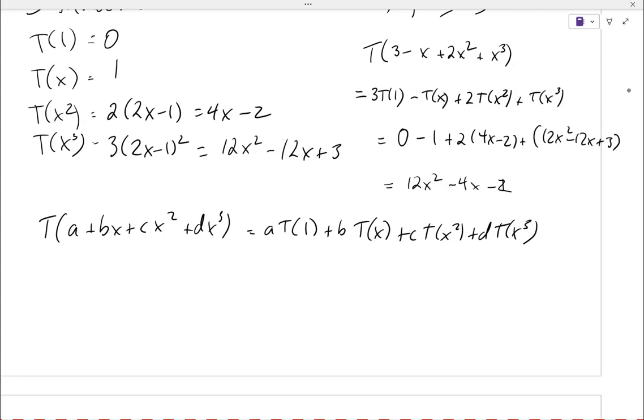Okay. But let's see if we can take this a little bit further. We've talked about this before. We said that when we've got polynomials, really there's kind of a correspondence between polynomials and R^n, where n is the number of coefficients you have, right? There's some sort of a correspondence between P3 and R4. Because I can think of the 1, the x, the x squared, and the x cubed just as components, right?